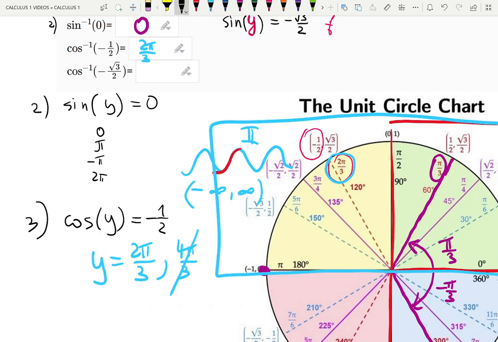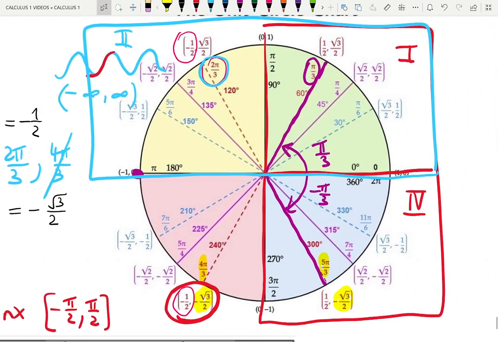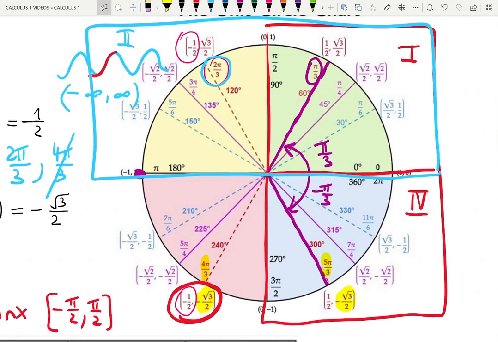And the last question is also about cosine, or basically arccosine. If arccosine of negative square root of 3 over 2 is what we're looking for, that means we're asking the question: cosine of what angle gave us negative square root of 3 over 2? And the answer is, let's look at the circle, which becomes messier and messier the more I work with it. We have several answers. Again, do you see them?